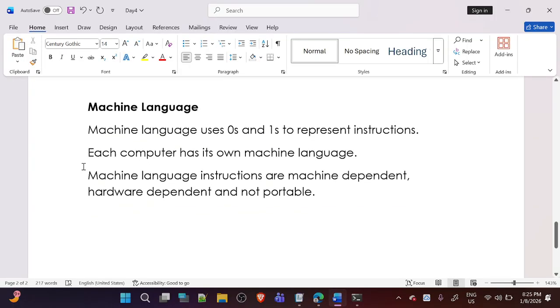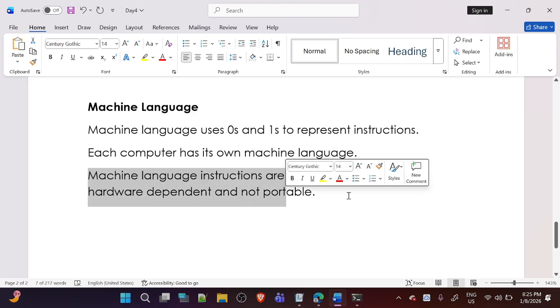I have written here each computer has its own machine language. For example, when we are talking about different machines, we are talking about different CPUs. So machine language instructions are machine dependent, hardware dependent, and not portable.